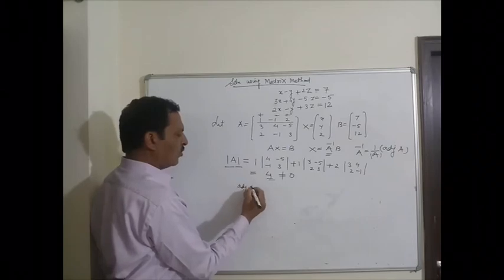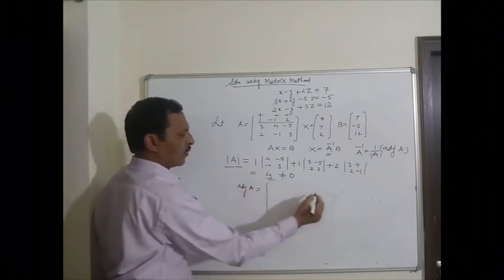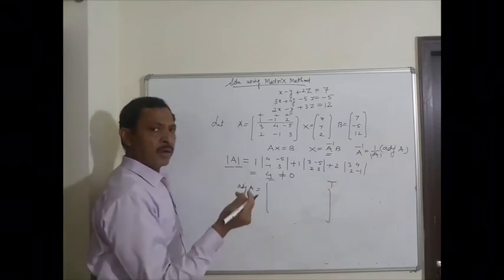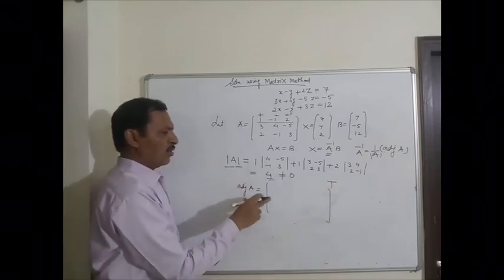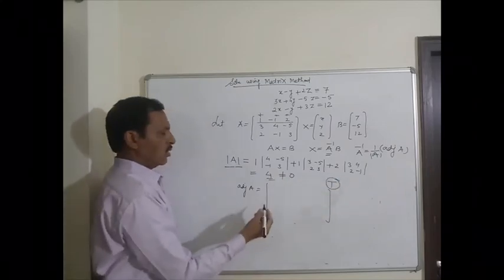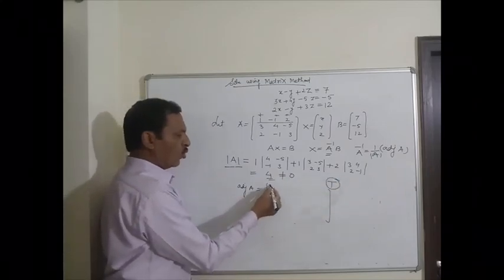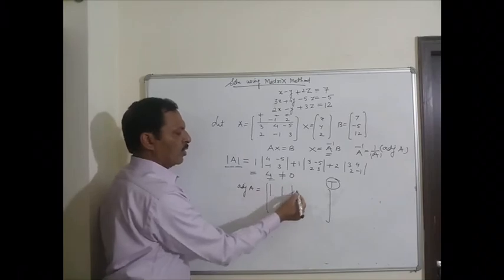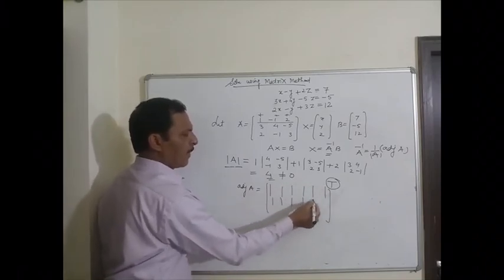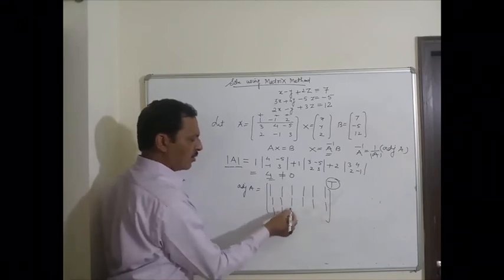Now, what is the adjoint of A? As discussed earlier, the adjoint of a matrix is the transpose, never forget the sign of transpose, of what? The cofactor matrix. So, I am putting the sign of the determinants first here, those 9 determinants.